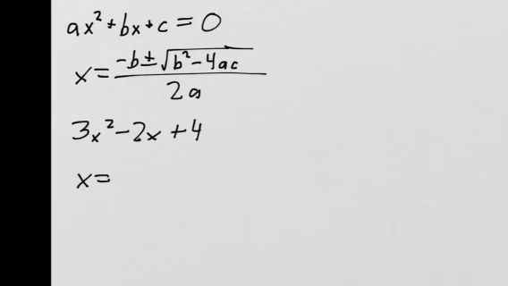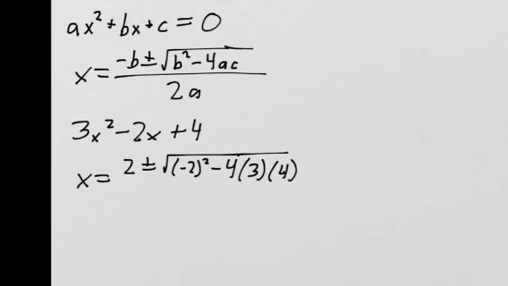Get x equals negative b, so b is negative 2, so that's going to be a positive 2, plus or minus the square root of negative 2 squared minus 4 times a, which is 3, times c, which is 4, and then all of that divided by 2, and then our a is 3.